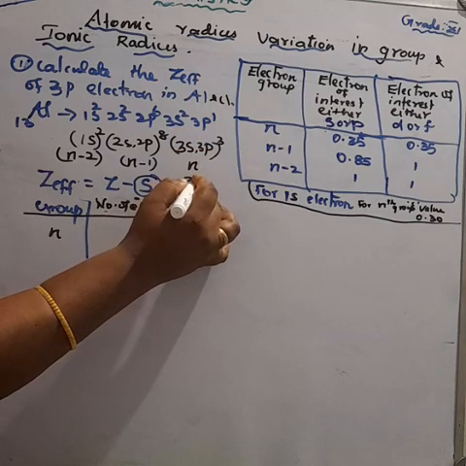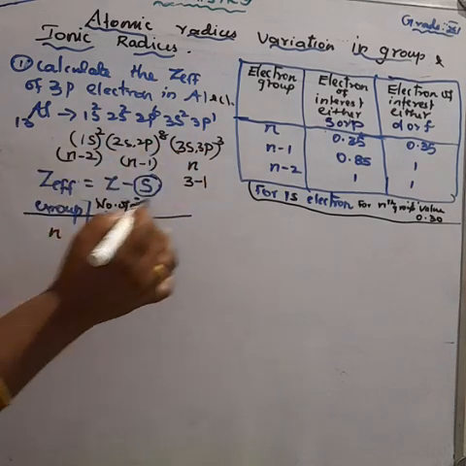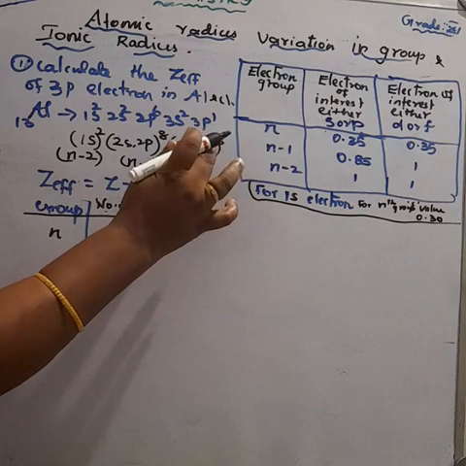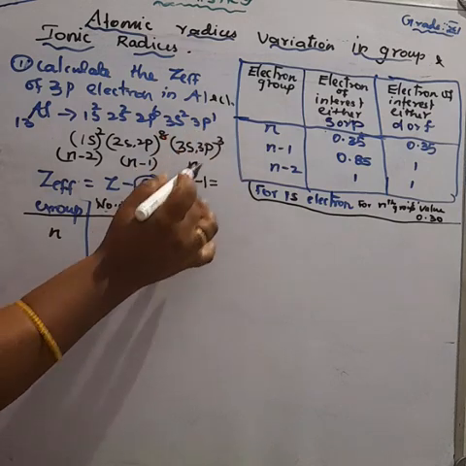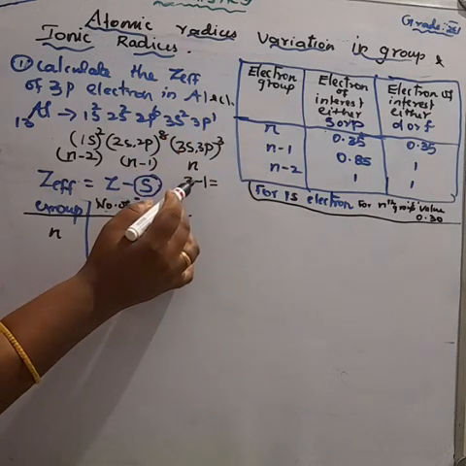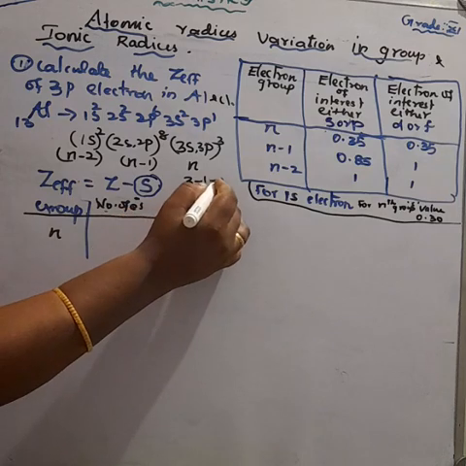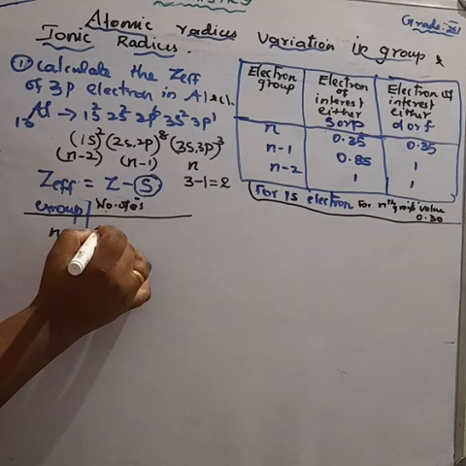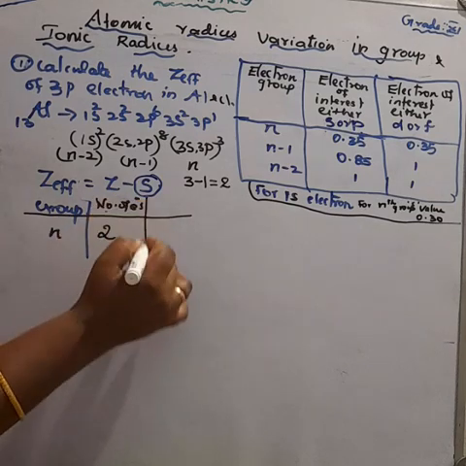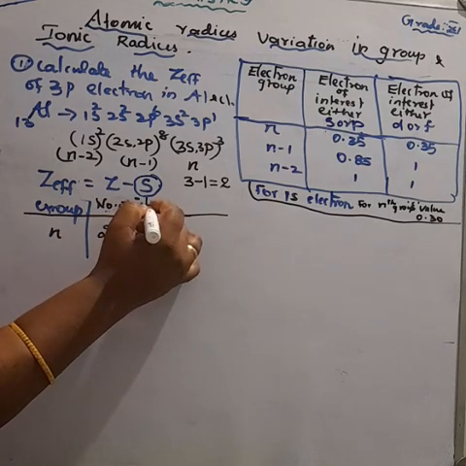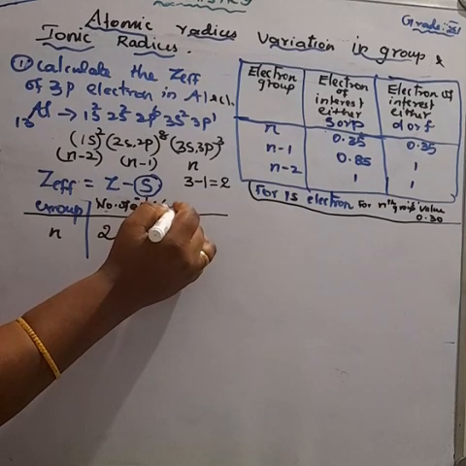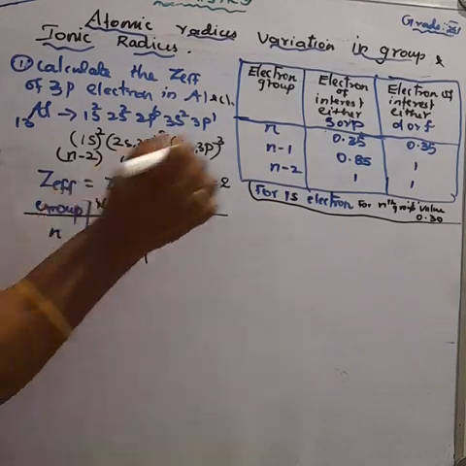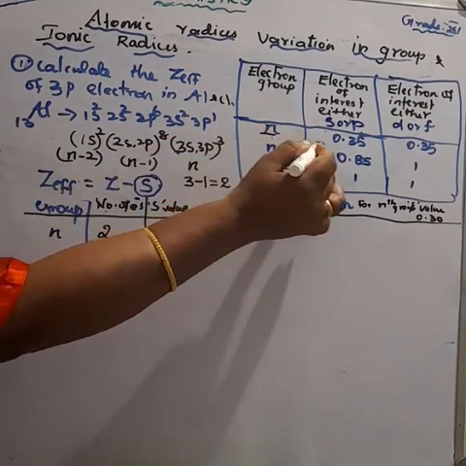So 3 minus 1 is 2. So how many electrons in the nth group? 2 electrons. After that, what is the given S value for the nth group for s and p groups? That is 0.35.